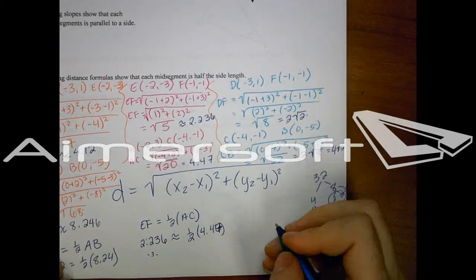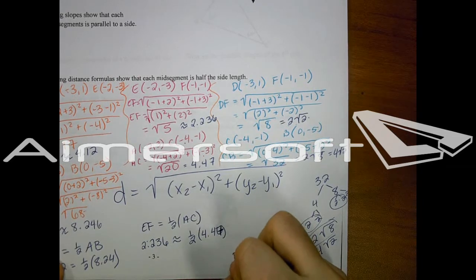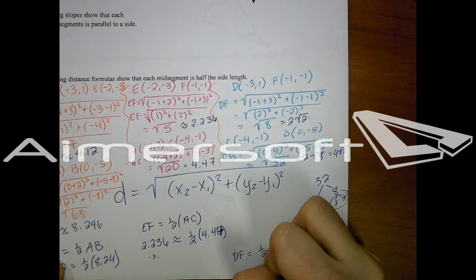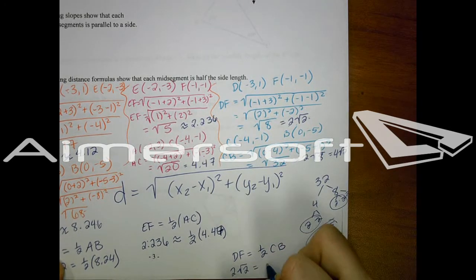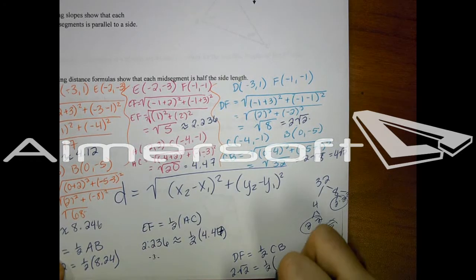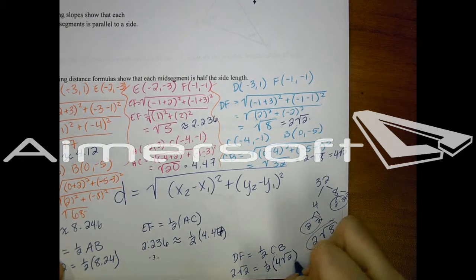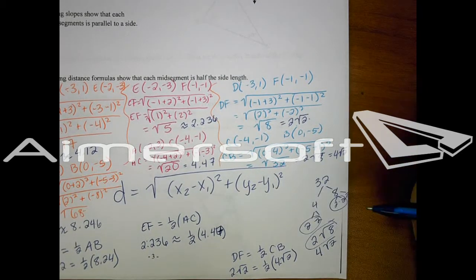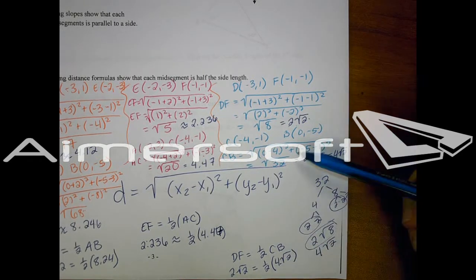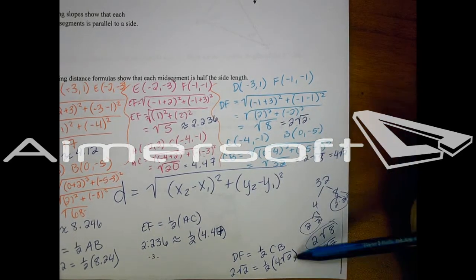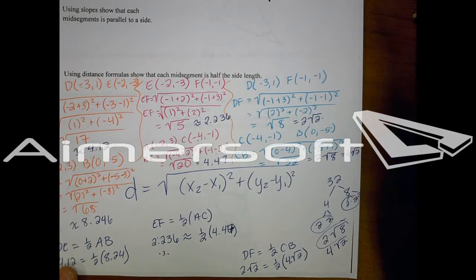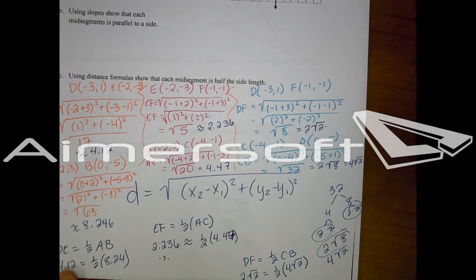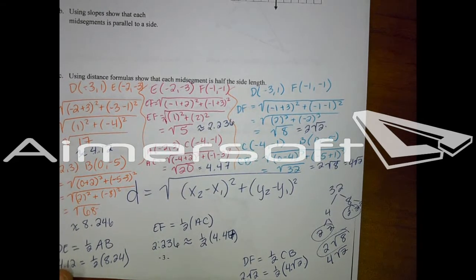So no matter what, you can write DF is equal to 1/2 of CB, because the 2 root 2 is equal to 1/2 of 4 root 2, because if I divide that 4 by 2, I get 2 root 2. This is the radical form, which you can see is much more precise than decimal form, because I have to approximate using decimal form, but either way is the correct answer. And that's it for the Unit 4 review.